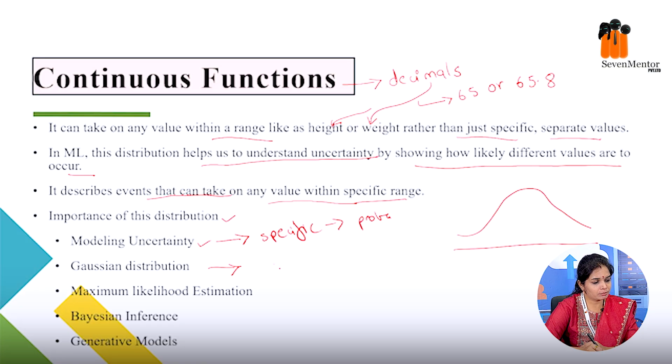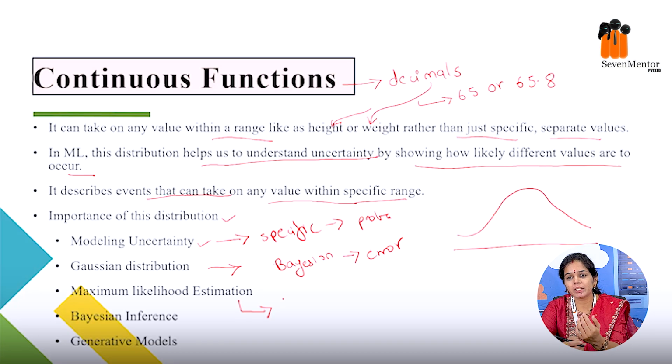The Bayesian networks are used to detect errors. The models use continuous distribution functions to get the maximum likelihood outcome of the respective likelihood estimation.